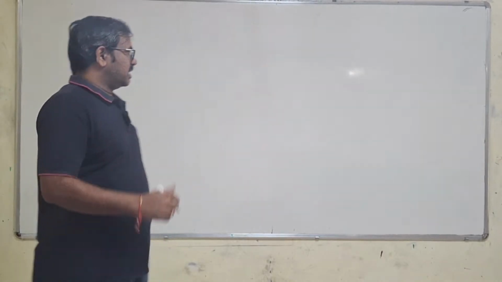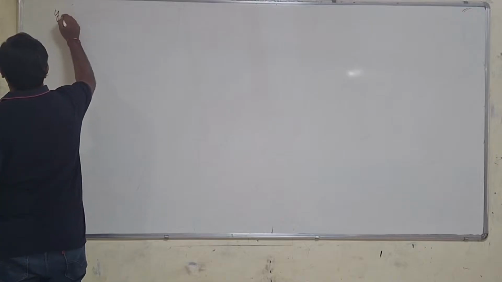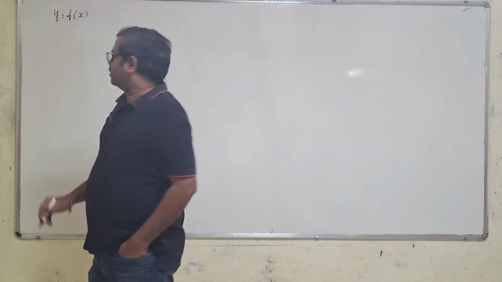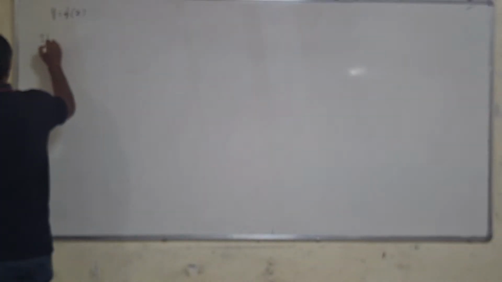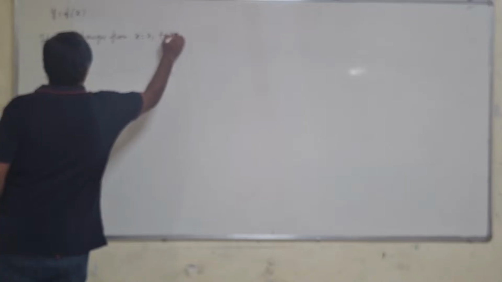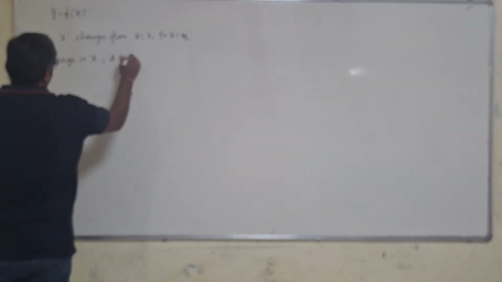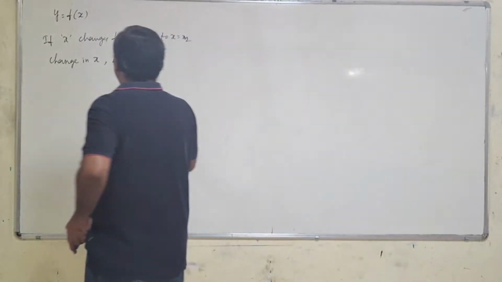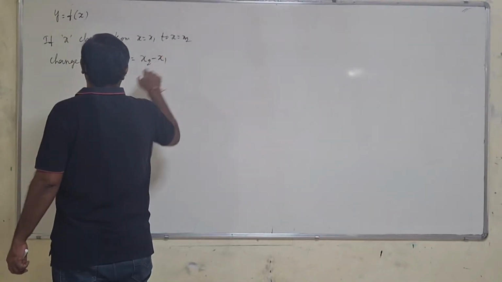Okay. So when I say y is equal to f of x, let us say the physical quantity x changes from x is equal to x1 to x is equal to x2, then we say change in x is denoted by delta x. Change is always indicated by delta. So delta x is equal to x2 minus x1.